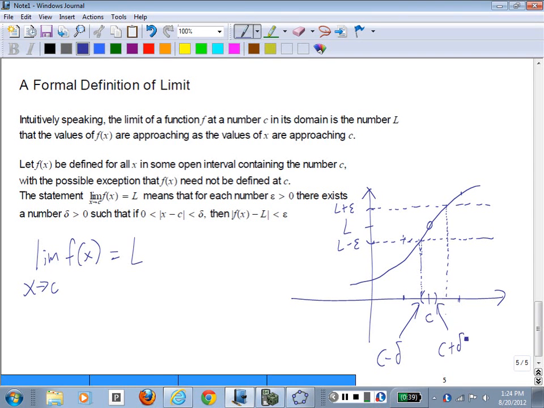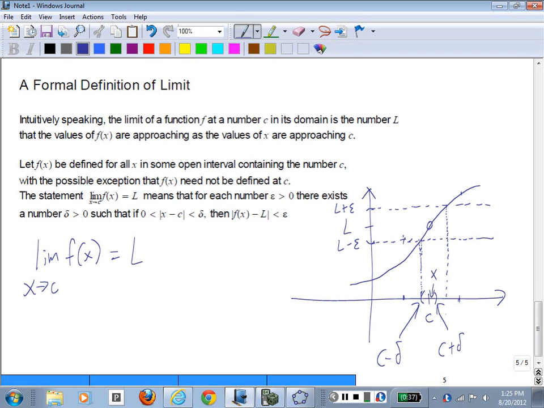C plus delta. So for that particular choice of epsilon, this delta looks like, ready for the air quotes, it works. It does what we need it to do. That is, whenever the distance between x and c, the absolute value of x minus c, if we pick an x in here, pick an x in there, and we take x minus c and take the absolute value of that, that difference is going to be less than delta, as long as it's in there.